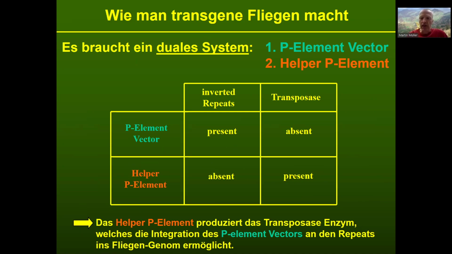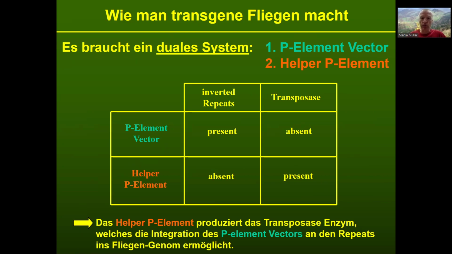That is very nice because you don't want this event to happen too often. In principle, you want one P element vector to insert into the genome and not multiple. You want a single one of them there.